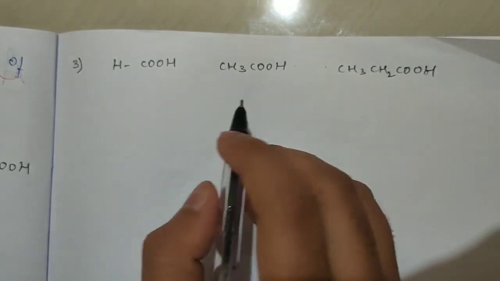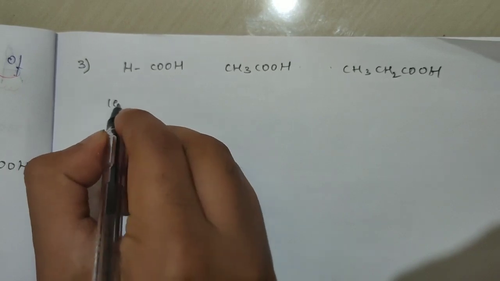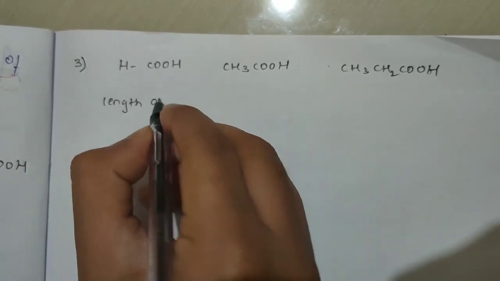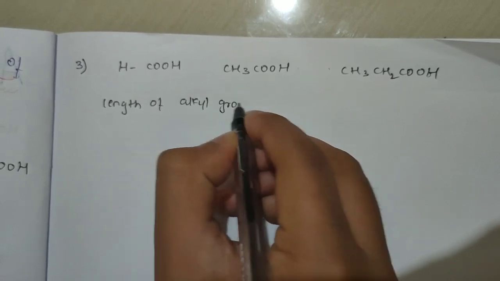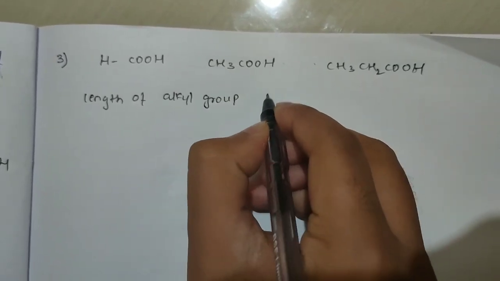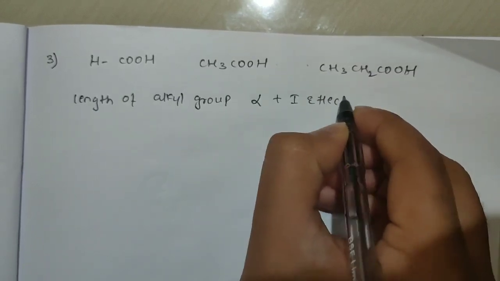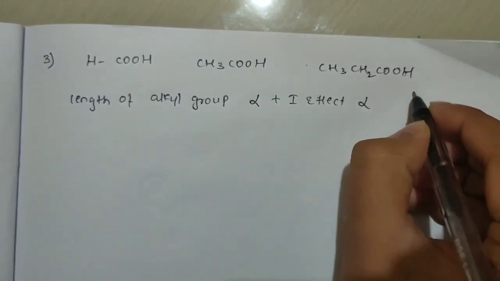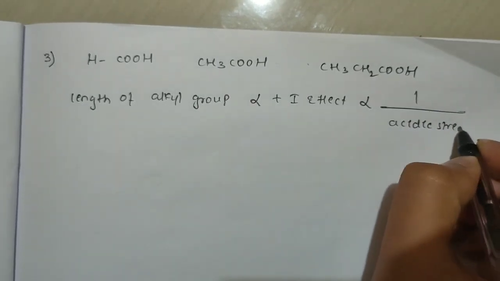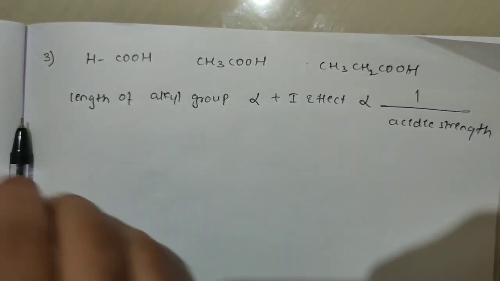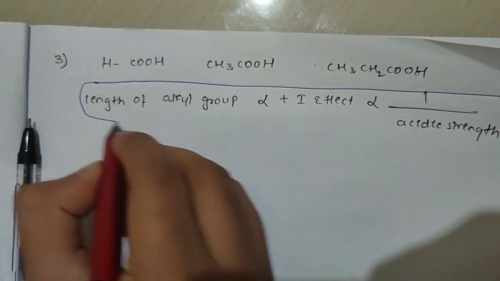So how to solve this type of problem? You should know one trick: the length of the alkyl group chain is directly proportional to the plus I effect and inversely proportional to acidic strength. You need to know this trick to solve the above problem.